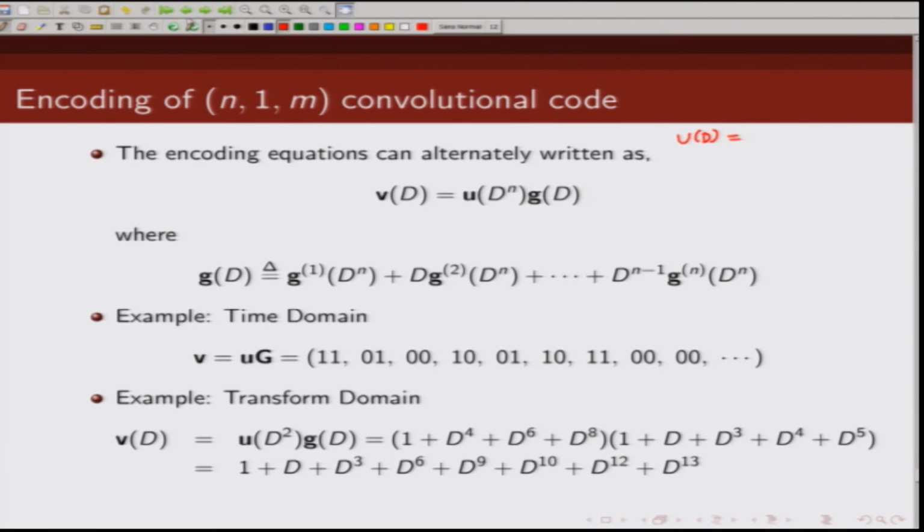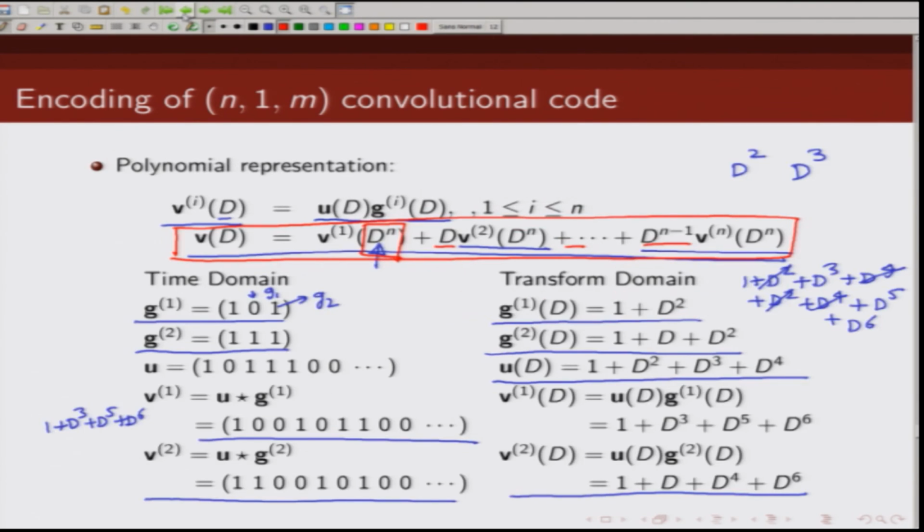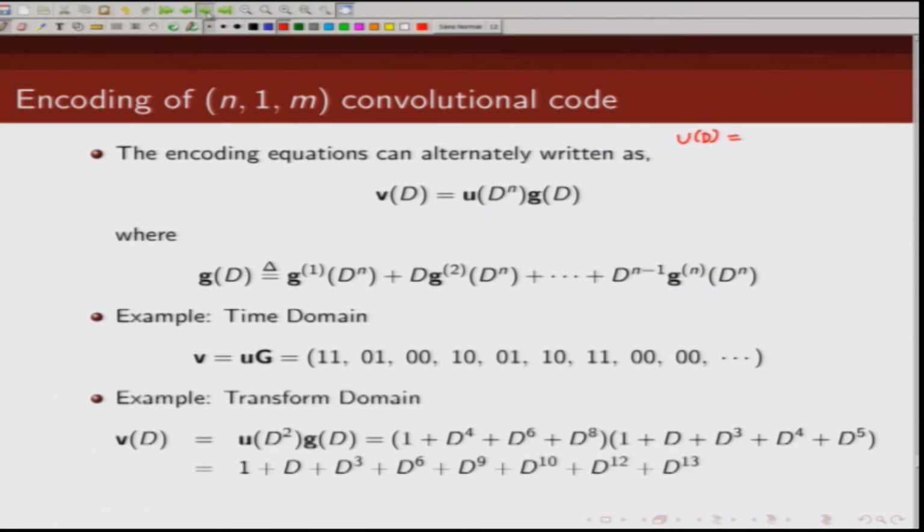Go back to the example. u(d) is 1 plus d square plus d cube plus d4. So, u(d square) will be 1 plus d4 plus d6 plus d8. So, that is what we have written here.